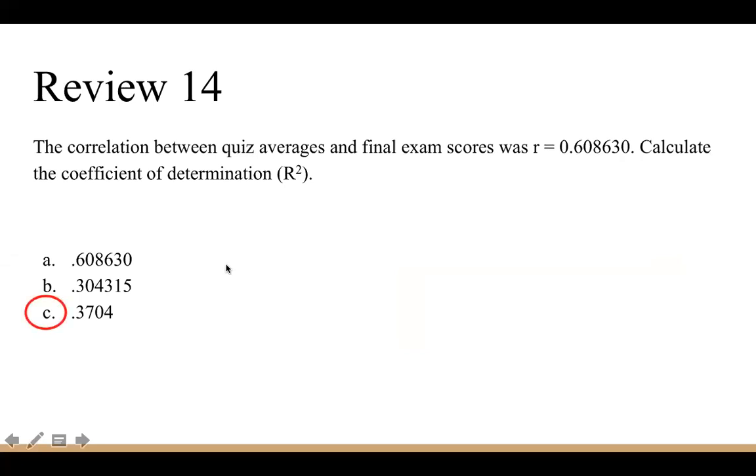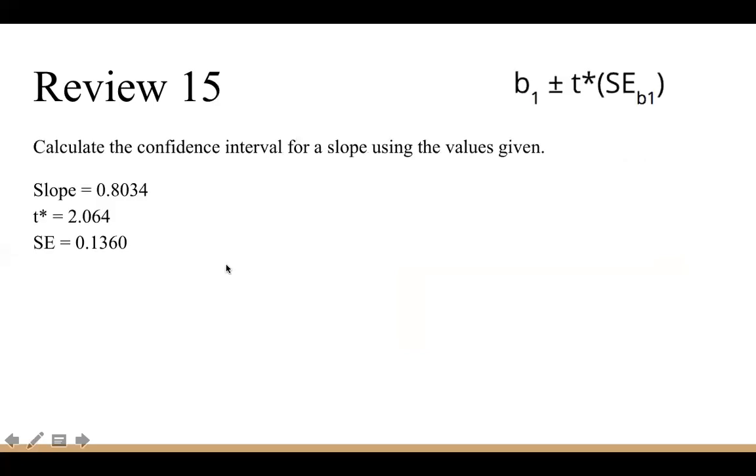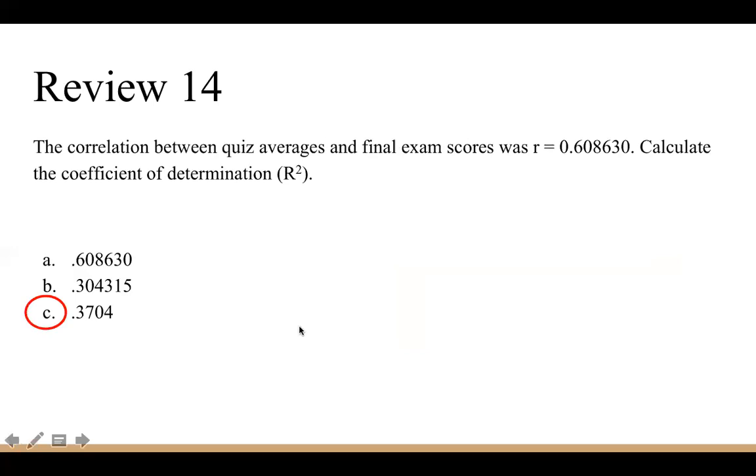All right, great job, you guys. Yes, 0.370 is our answer. Really here, you're just taking R and multiplying it by itself. So 0.60863 times itself, and you'll get 0.3704. Great job on that.